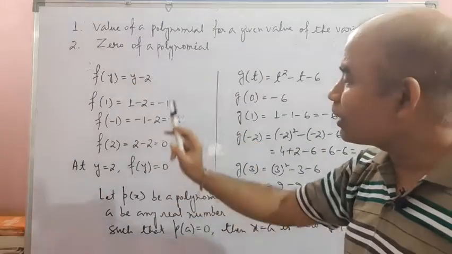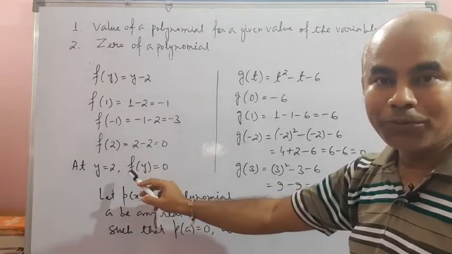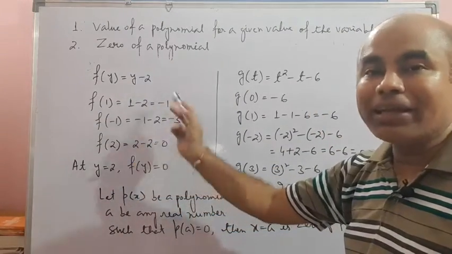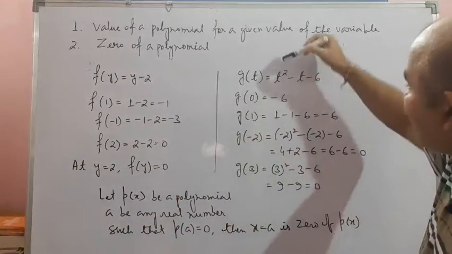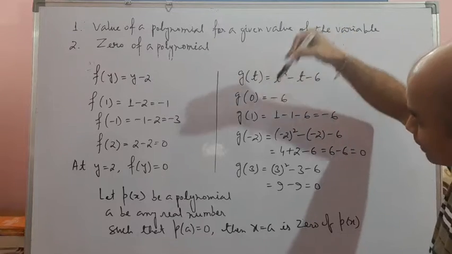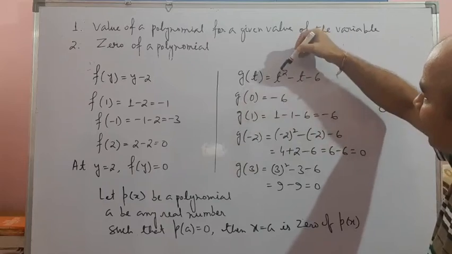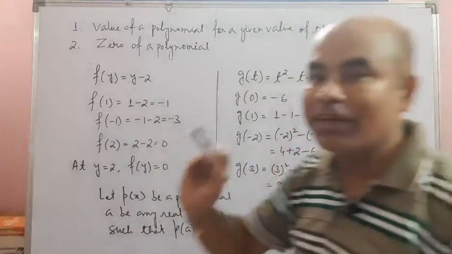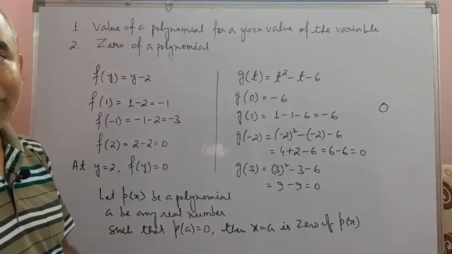That means there is only one value of y for which it is 0, that is y equal to 2, and for any other real number except 2, it is not 0. Here the highest power of the variable is 2, so degree 2, maximum number of zeros is also 2. So you can remember like that: the number of zeros is equal to the highest power of the variable.